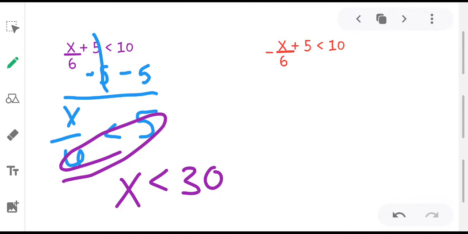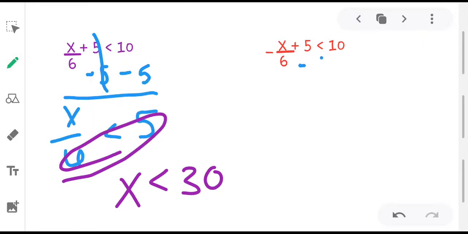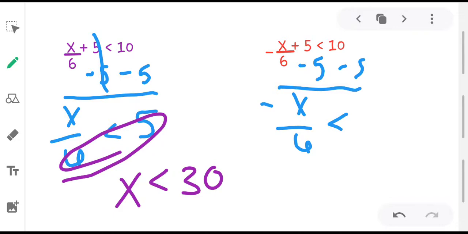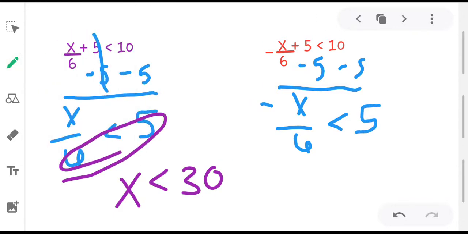Okay, this one is the same question, but you notice I have that negative right there. So what we're going to do is same as before, we're going to minus the 5 to both sides. So the first step is the same, and we get 5. And just like before, we're going to multiply these. But remember, we're doing negative 6 to both sides.